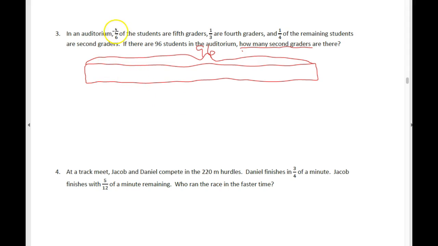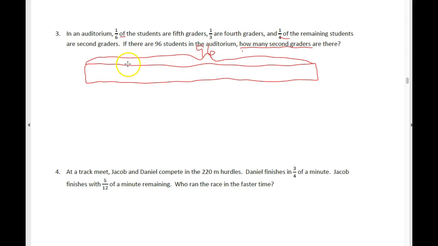And we can look at these, and we know that each denominator is different. But we don't actually have to go through and find a common denominator on this, because we're thinking, what, 1/6 of 96, 1/3 of 96, 1/4 of 96. So that of term right here, that's telling us that we're multiplying. So then we know we don't have to go for a common denominator.